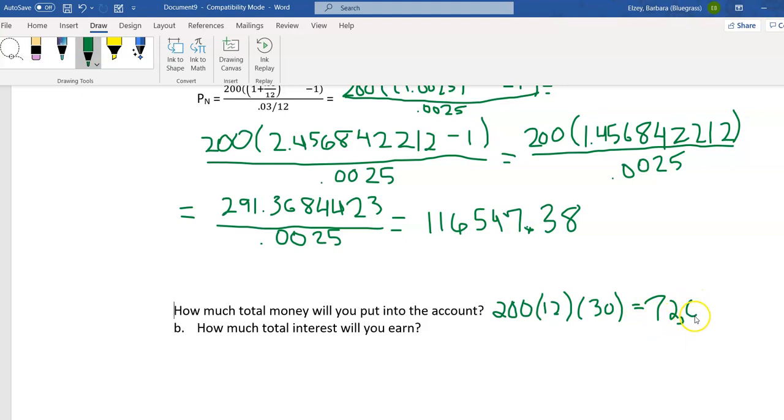That means the rest has to be interest that we've earned. So to get how much total interest we earned, let's take what we actually got after 30 years, subtract out what we put in, and that's going to account for leftover interest. So $116,547.38 minus the $72,000 that we put in.